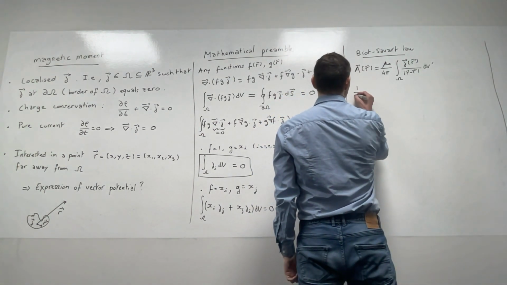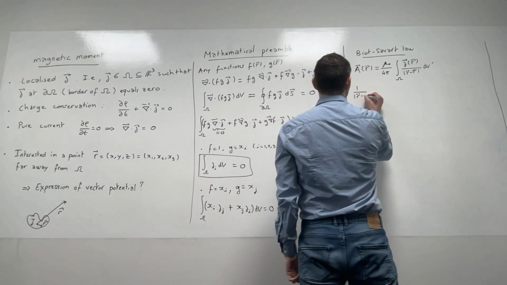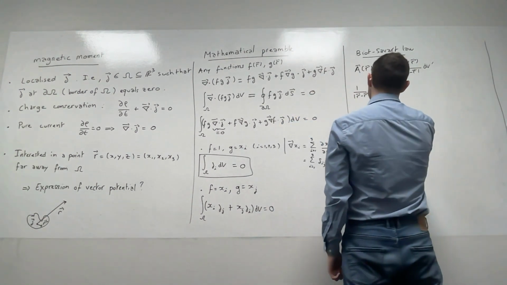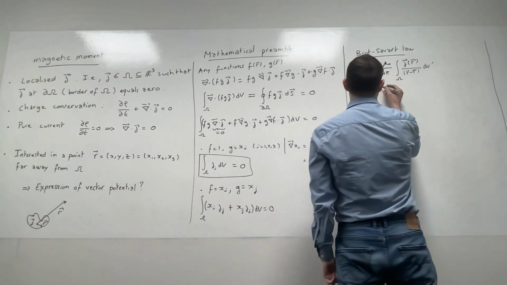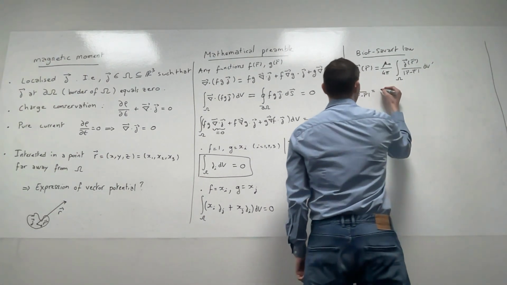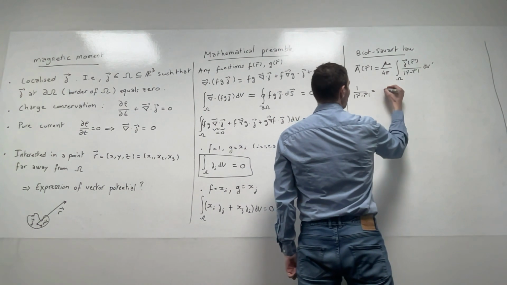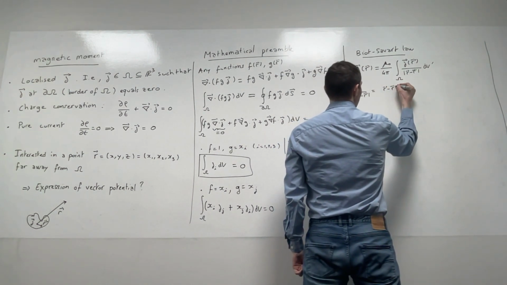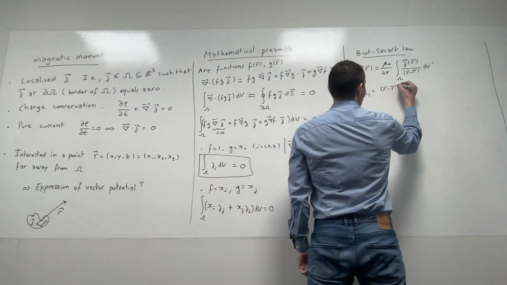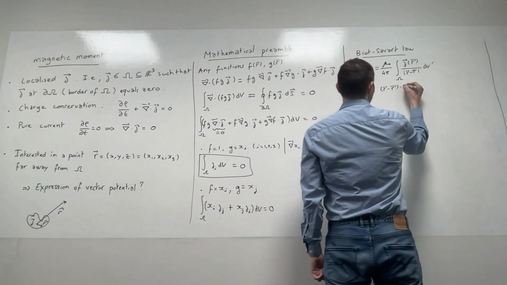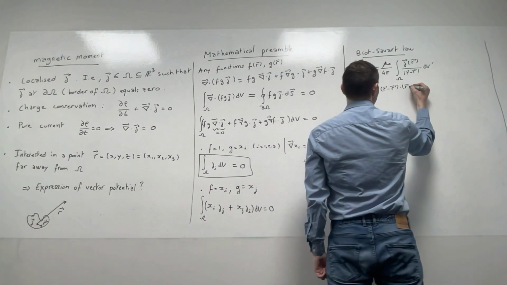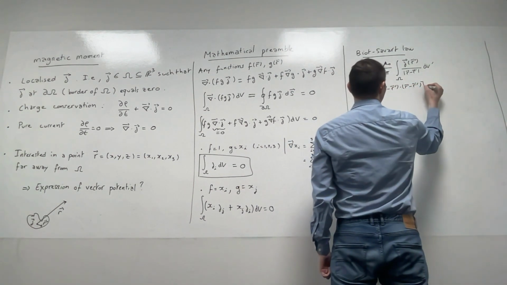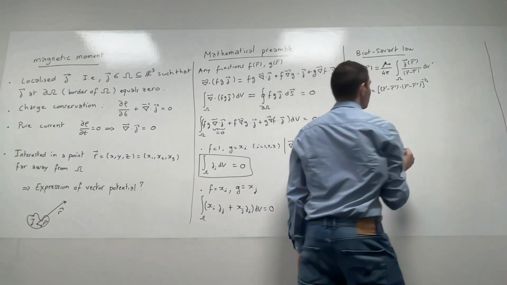We are going to say that 1 divided by r minus r prime is equal to, and we need to be a bit careful here. We could view it this way. This is r minus r prime, with the dot product with itself, and then the whole thing to the power minus 1/2.